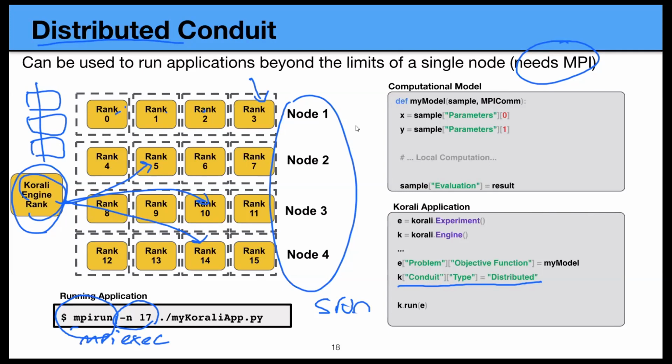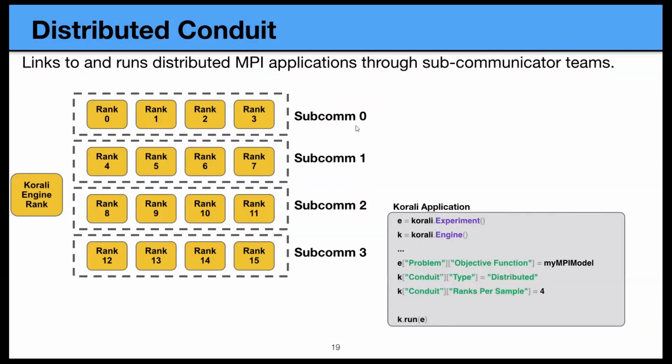So it's like they multiply themselves 17 times, but only one of them takes the role of the server and the other ones are working. That's why I say here 17 and not 16, because one of them should be the engine, okay? But then calling your application is all the same, and the model is all the same. And never mind this. This is a typo. Okay. Good. So another way to work.